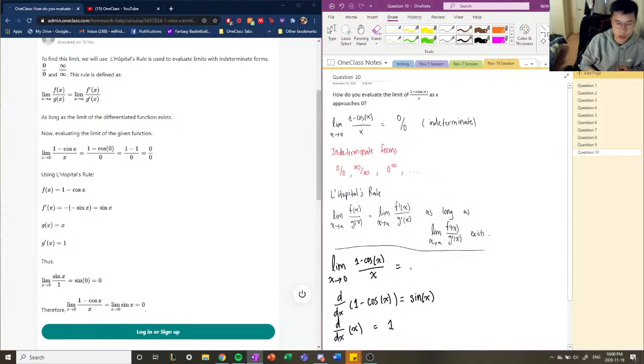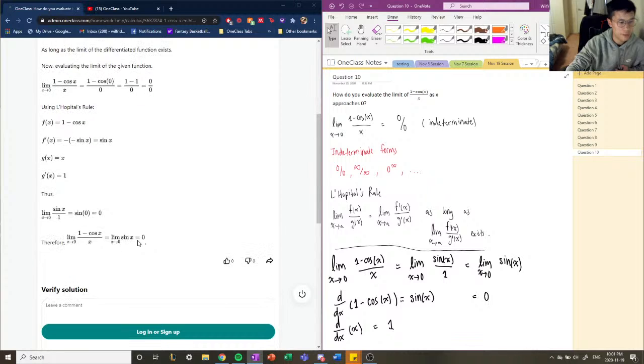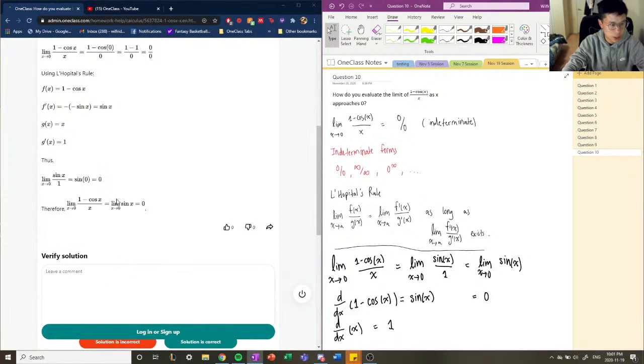Okay, so now we want to calculate the limit as x approaches 0 of sine x over 1, which is just equal to the limit as x approaches 0 of sine x, and sine of 0 is just 0. So now we have found our limit by using L'Hopital's rule. The limit of 1 minus cos x divided by x as x approaches 0 is 0. Okay, so this solution is correct.